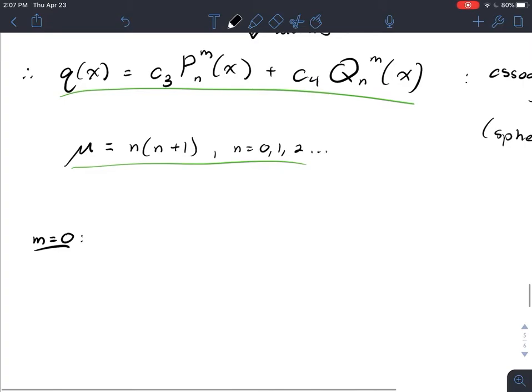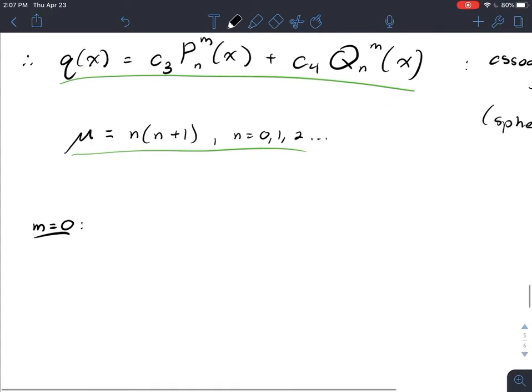But the nice thing about this part is that P_n^m basically covers for m equals 0 and then n equals 0 as well. So we're basically all set there. But for the m equals 0 part, our P function looks like this, for some integer n, and this is what we refer to as the Legendre polynomials.